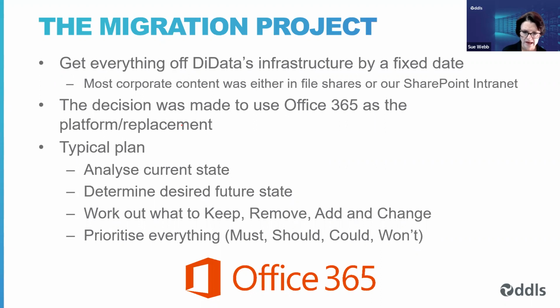So the first decision we had to make was, what were we going to migrate it to? Were we going to build like for like technology, build our own on-prem servers and migrate to those? We didn't want to do that. We didn't want to actually implement a bunch of outdated technology. So the decision was made to go to Office 365 as our platform replacement.